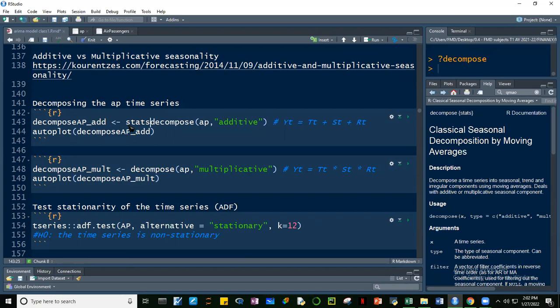Anyway, para just to remind us that this is from the stats package. No? So I'm writing here the namesake, no? Stats, and then decompose. So the decompose natin, either kasi additive yan or multiplicative. So decompose, add, additive, no? Then i-plot natin. No?